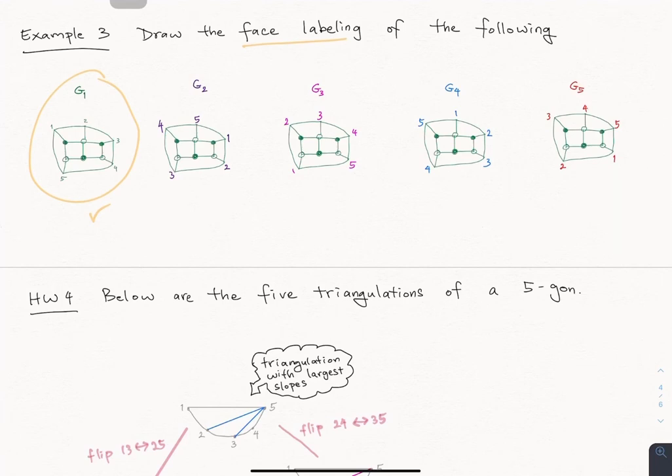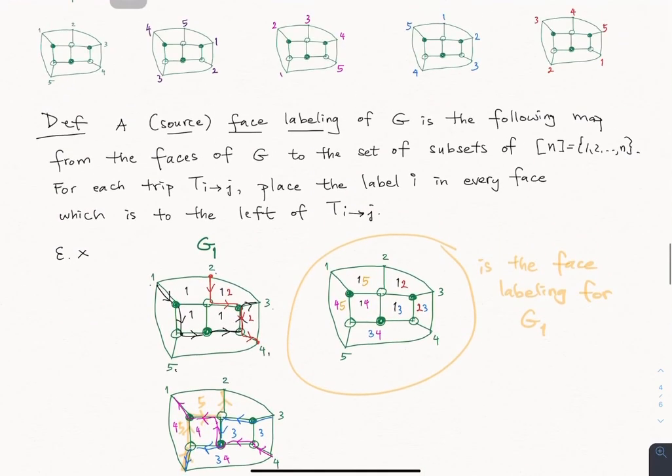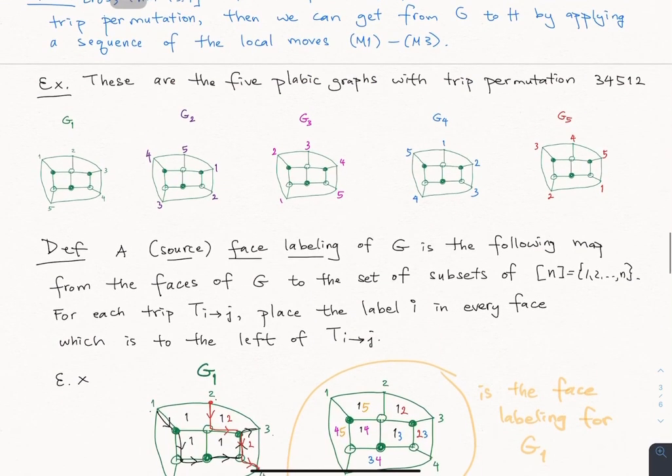All right. So like I said earlier, these are the only Plabic graphs that you can get with trip permutation 3, 4, 5, 1, 2.